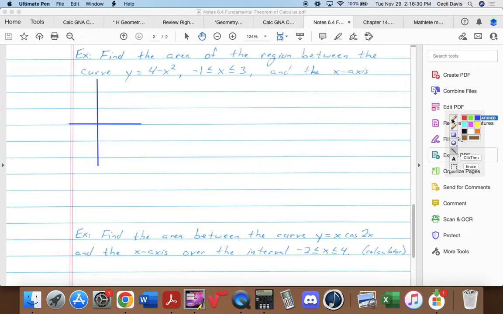Well, that's going to be an upside down parabola with its vertex at 4. Let's see, at -1, that's going to be 3. So that's right about there. And then notice that this is going to go through the x-axis at 2 and continue going until we get down here to 3.